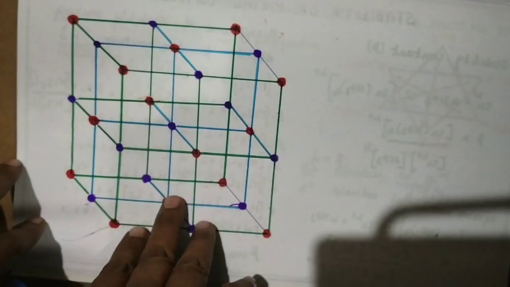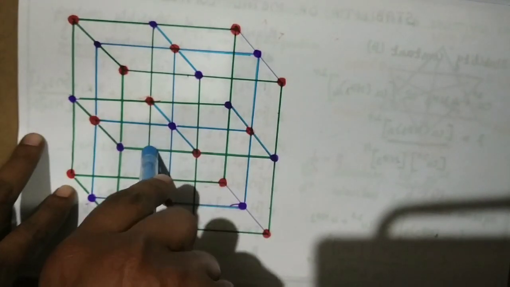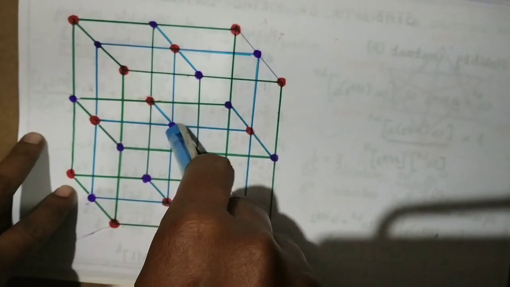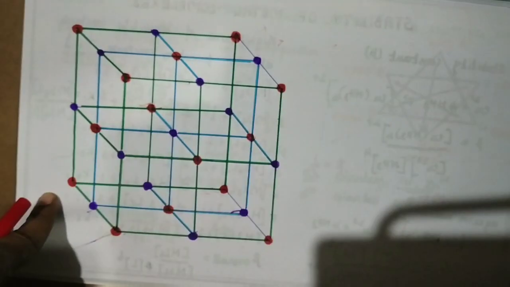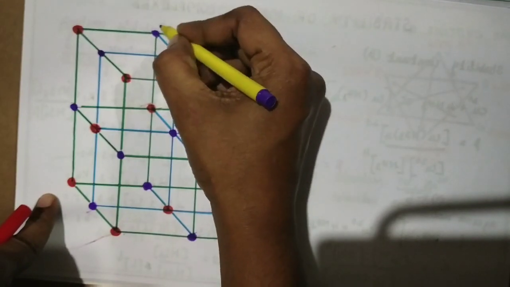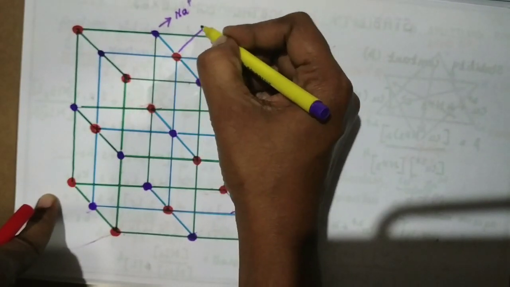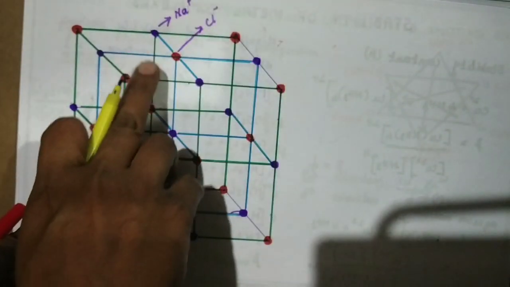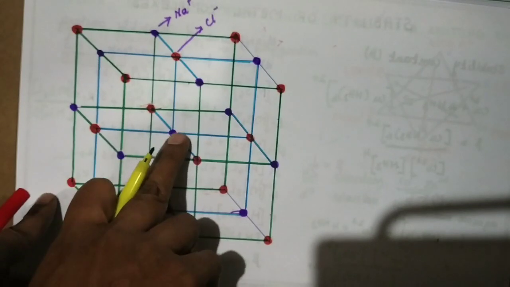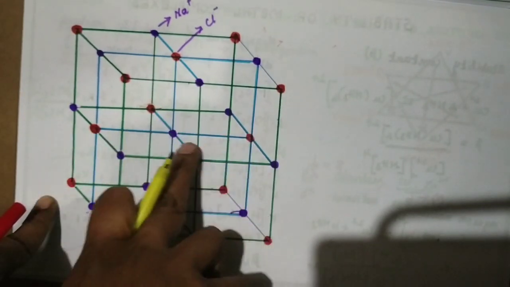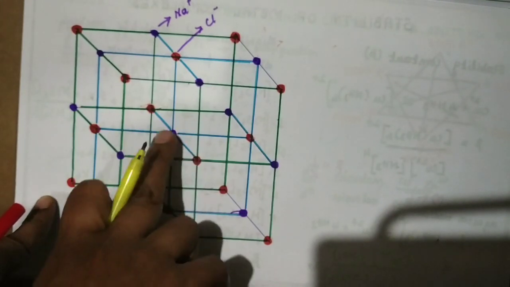For example, this is the structure of sodium chloride. Sodium chloride consists of Na+ ions and Cl- ions. You see the picture. Let us imagine this is the sodium plus ion, and the red color balls denote the Cl- ions. So the sodium plus ion is fully surrounded by red ones, chlorine.